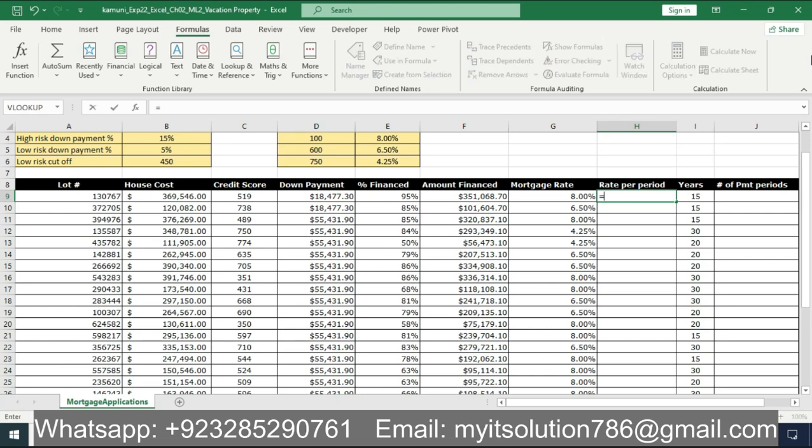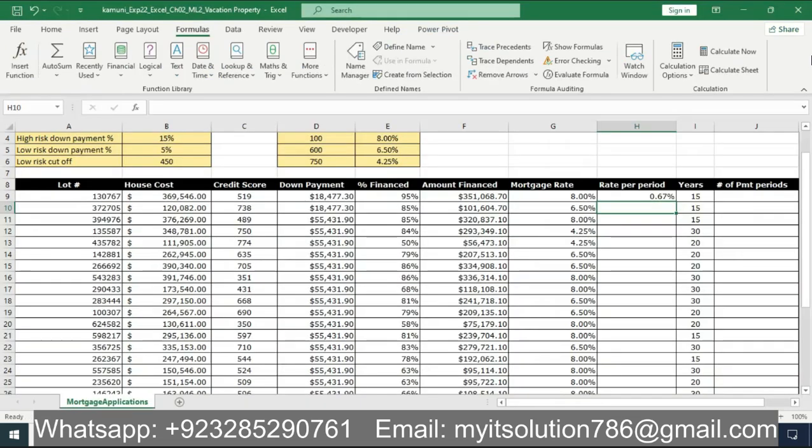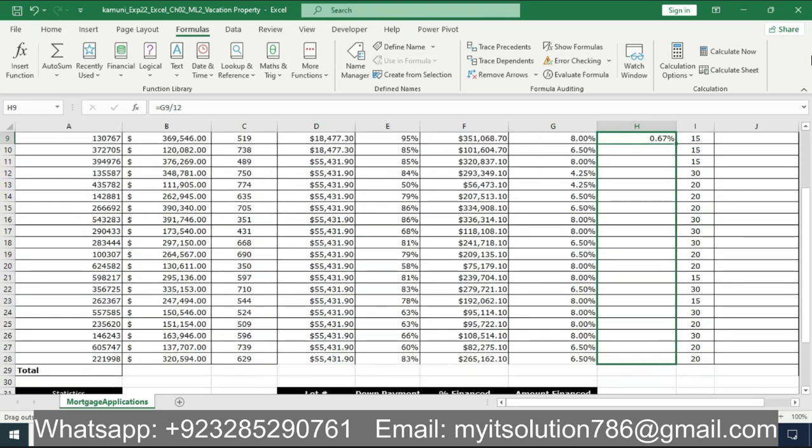So for this we need mortgage rate divided by 12. So press enter, and in this step it is also saying to use the fill handle to copy the formula down, stopping in cell H28. So copy the formula and end on H28.